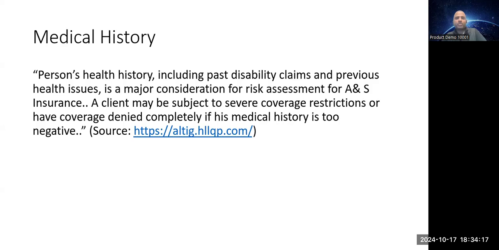Your client may be subject to severe coverage restrictions. It's also possible that your coverage might be denied completely if the medical history is too negative. It's not in your favor. So this may mean things like chronic illnesses, pre-existing conditions like diabetes, high cholesterol, heart attack, cardiovascular disease, and so on and so forth.